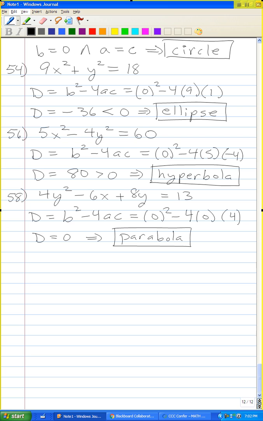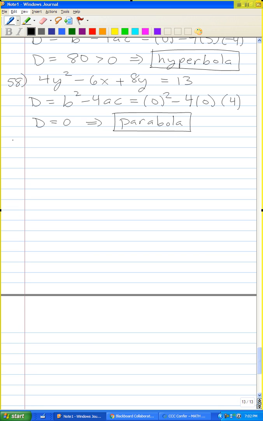Let me do problem number 50. xy equals negative 4. Here it says to sketch the graph, in exercises 48 through 50 sketch the graph. But actually, I'm going to identify whether it's a circle, ellipse, or hyperbola first. And so d equals b squared minus 4ac.